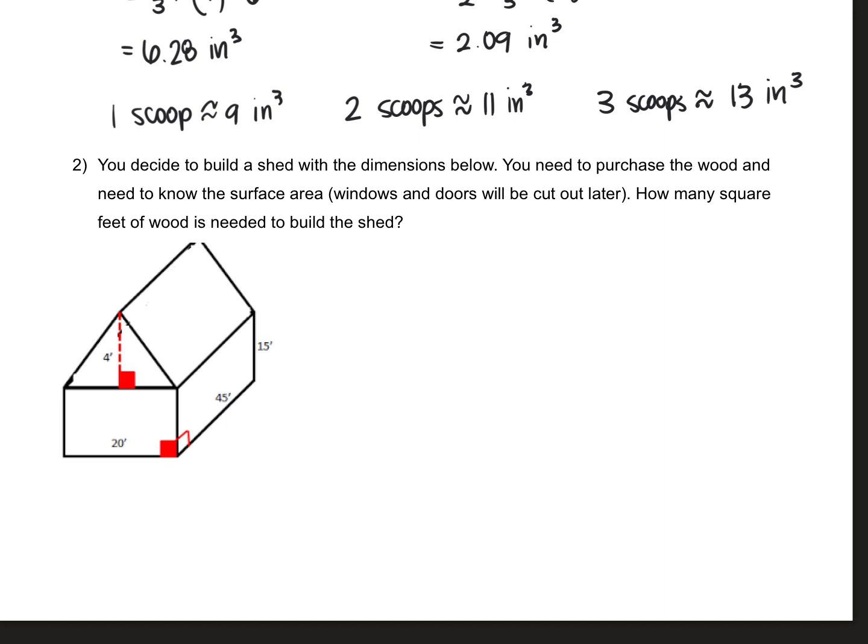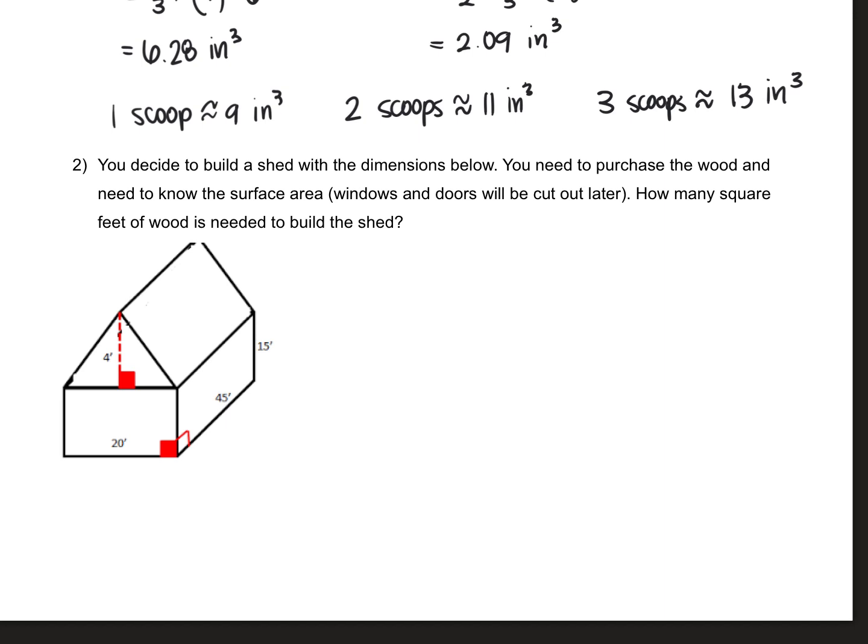The key thing about surface area is you have to take into account anything that is inside the figure. Okay, so it's not just like volume where you add the volumes together or subtract them, because volume is inside, so we care about it. Surface area is outside, so you only want the surface area of everything outside, which means there's always going to be something inside, and in this case it's a rectangle.